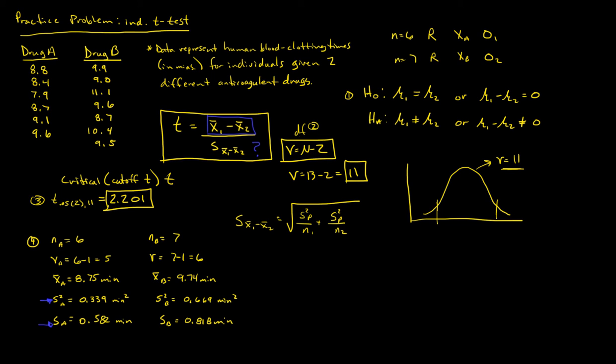So we've got to get this pooled variance term, this s squared sub p. And again, this is going back to the previous video.